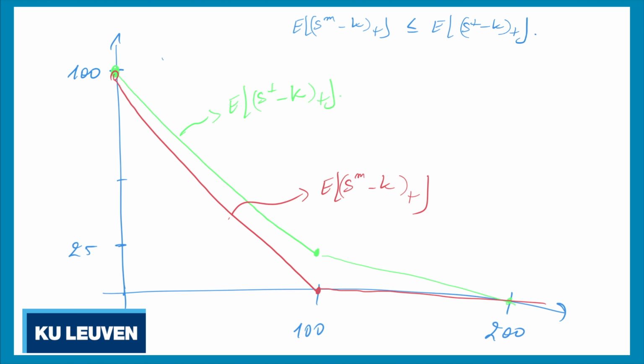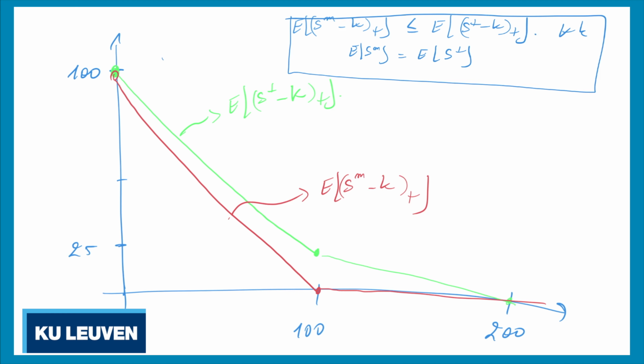We also know that because S_m and S independent are both sums of random variables with the same marginals, the expectation of S_m is equal to the expectation of S independent. If you combine these two relations, you conclude that S_m is smaller in the convex order than S independent.